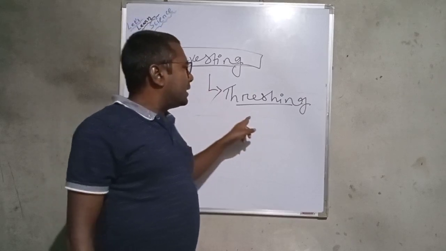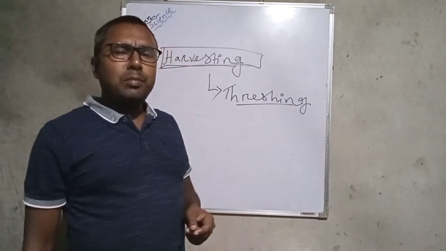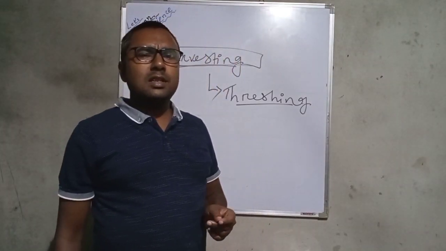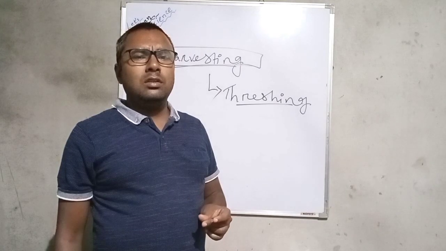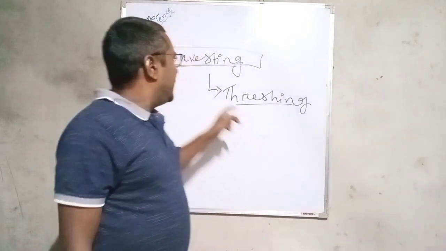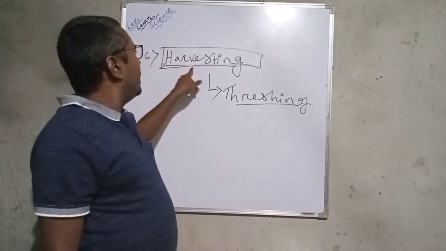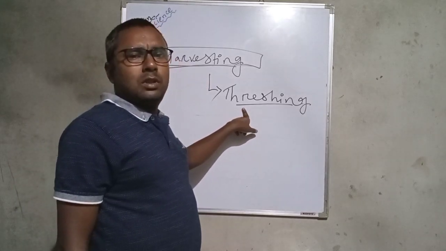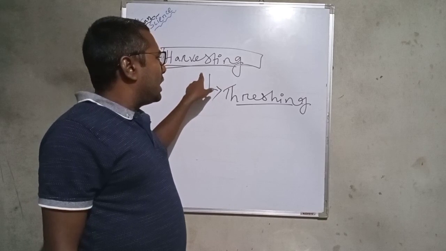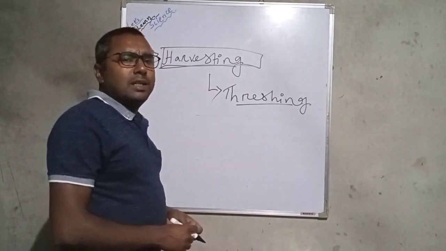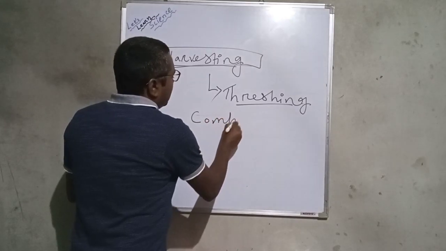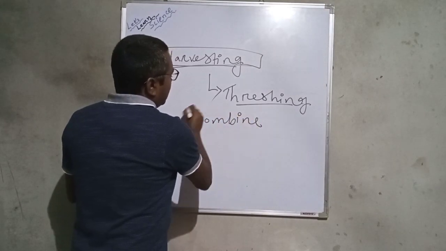Harvesting and threshing can be done by using a single machine, that is the harvester. That's why the harvester is used for harvesting as well as threshing, and that's why the harvester is also called a combine.